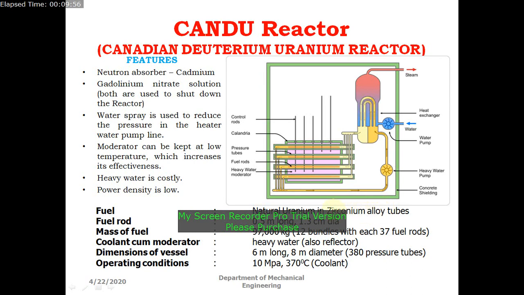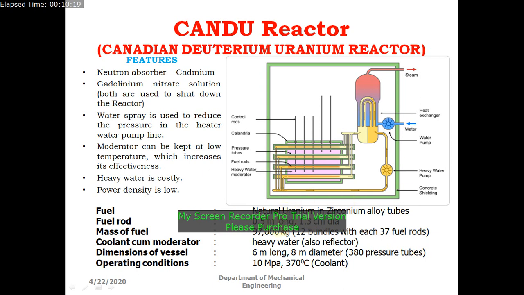So definitely they are able to sustain higher temperatures. The fuel rod length is nearly 0.5 meters, half a meter, with a diameter of 1.3 centimeters. So nearly 13 mm diameter and half a meter length.